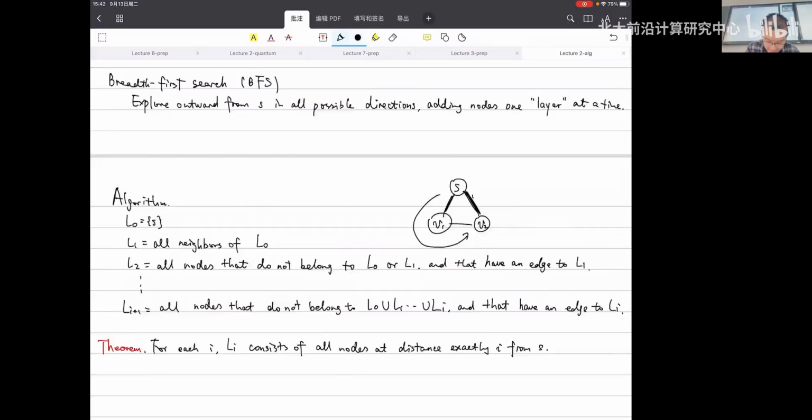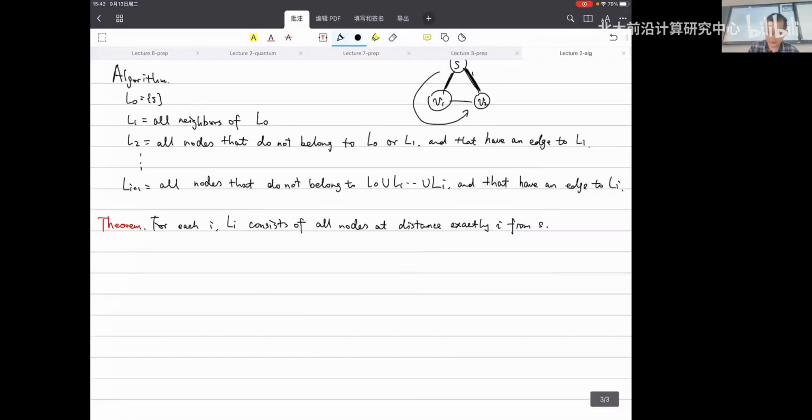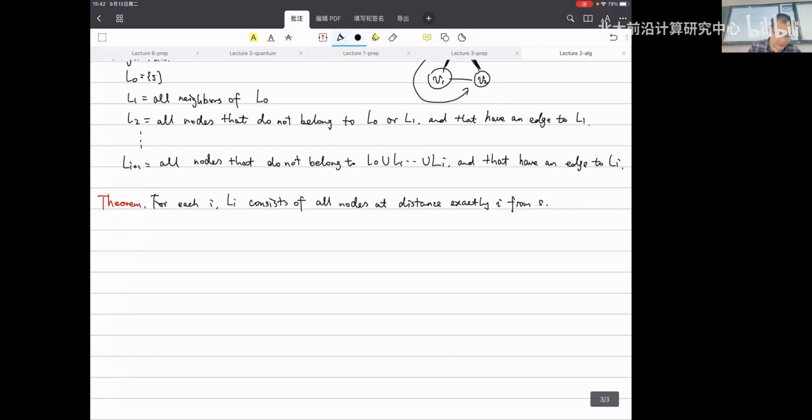In general, let's also think about the connectivity problem, the ST connectivity problem. Such a construction also gives you an answer: there is a path from S to T if and only if T appears in some layer.